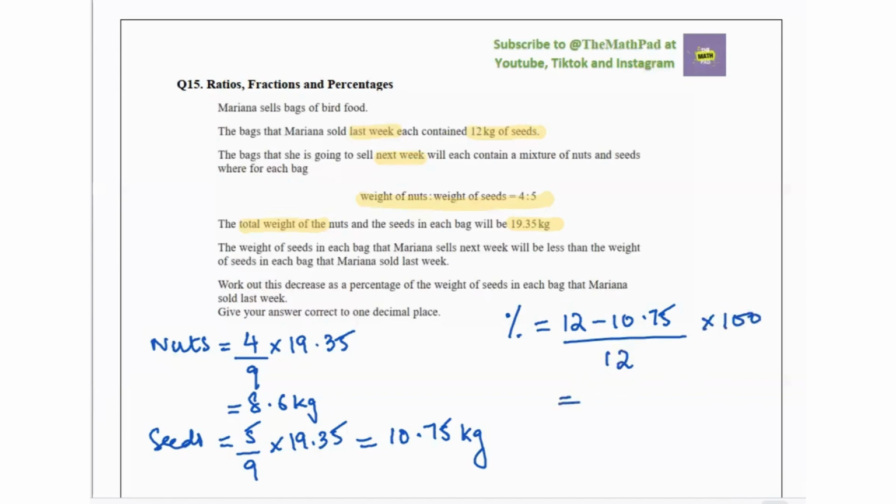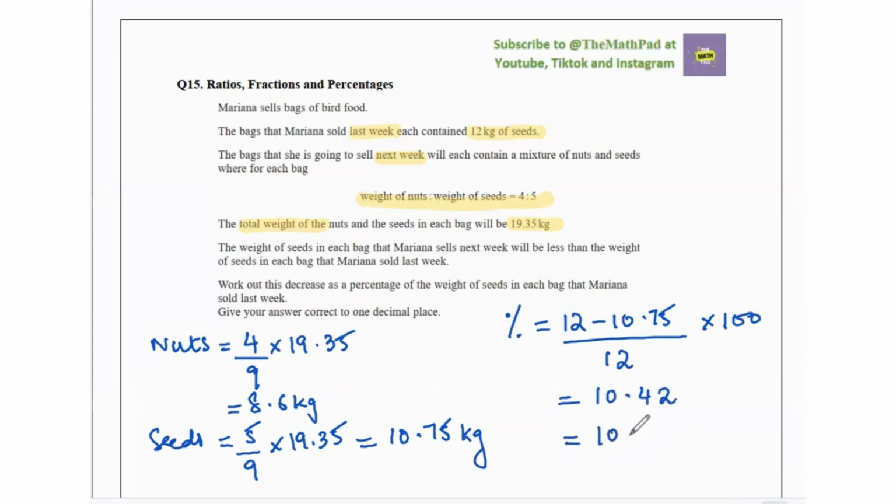Whenever you're trying to find percentage, we always times the value by 100. So 12 minus 10.75, which is 1.25, times that by 100, 125, and then divided by 12, which is 10.42. Give your answer correct to 1 decimal place.